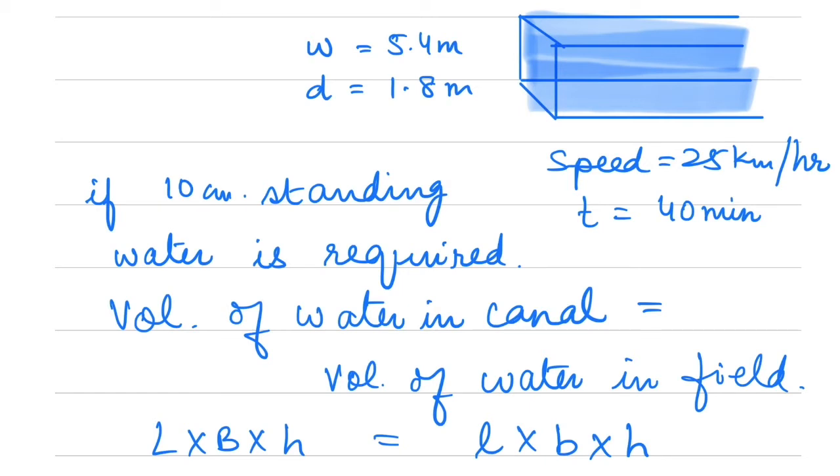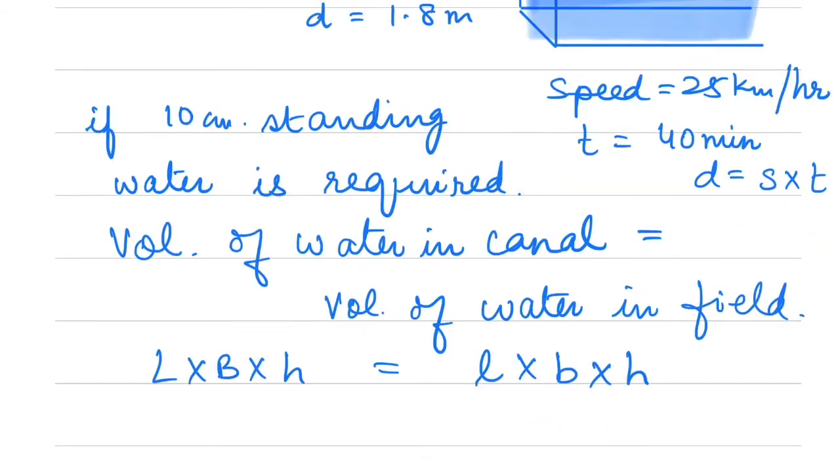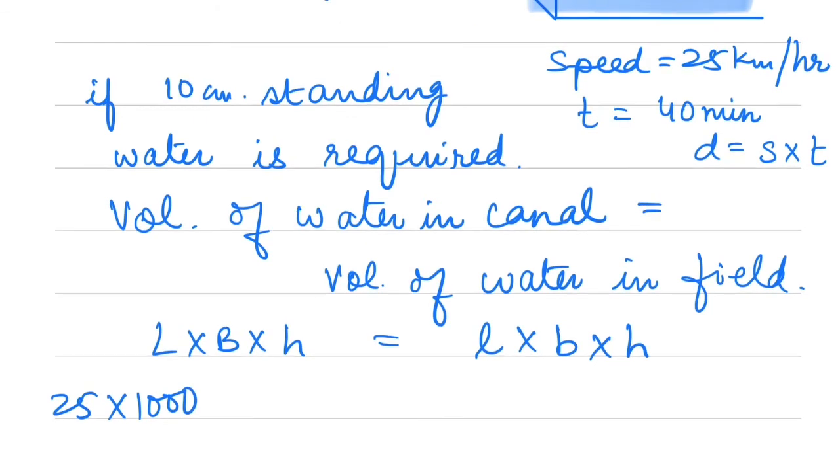We know distance is equal to speed into time. So the length will be equal to 25 kilometers. I'll change this into meters by 1000, and time is 1 hour. This I have to change into minutes, and I have to find for 40 minutes. So this will be the length of the canal.